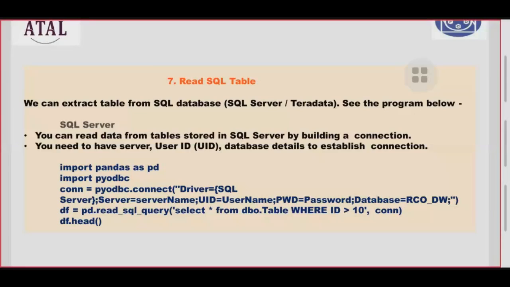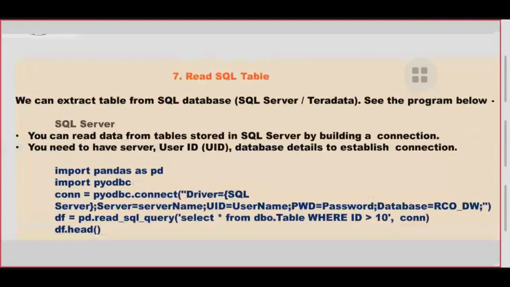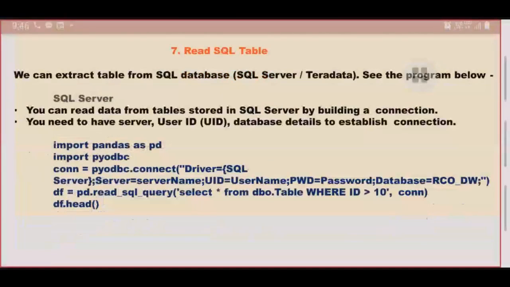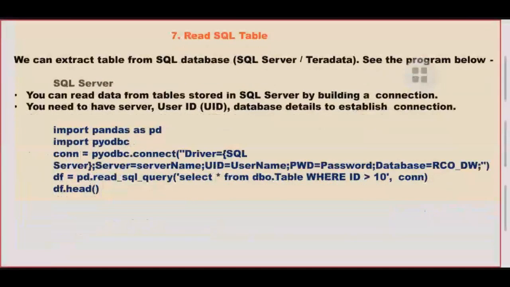Then connect the driver, SQL Server, then the server name, user ID and password, along with the database name. First it will connect to the server. First you have to declare the server, then the username and the password using login. Then it will connect to the database you have given, the particular database.